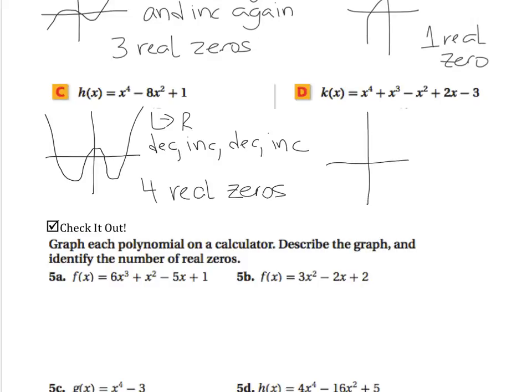And the last one, so again, I would make sure that you know how to put these in Desmos. Something like that. Left to right, it decreases, then increases. And it only crosses the x-axis twice.